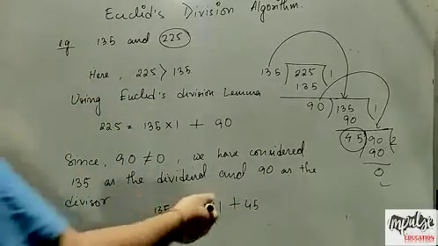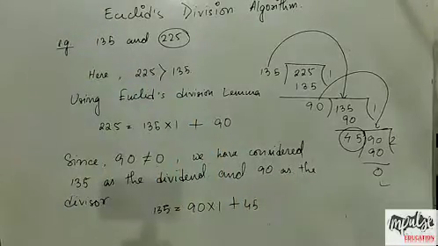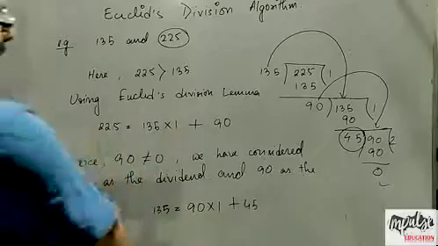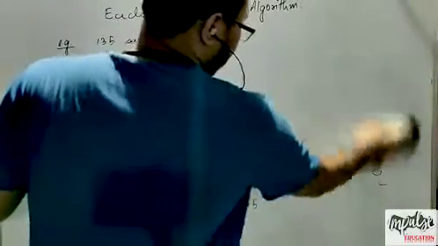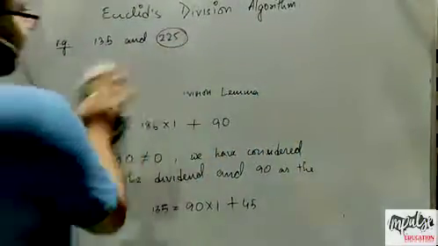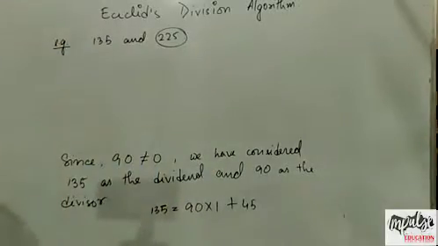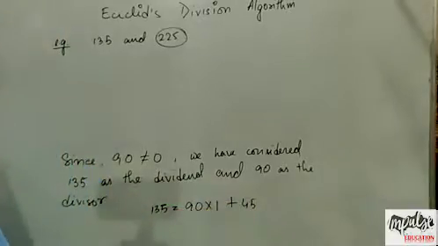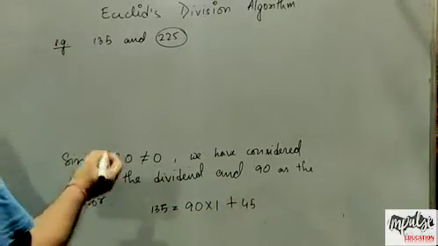So what do we have to do? We have to apply the process again, that means the Euclid's division lemma again. So once you note this, I'll rub it. Fine. Okay. So now, since the remainder is not equal to 0, what will we be doing now?